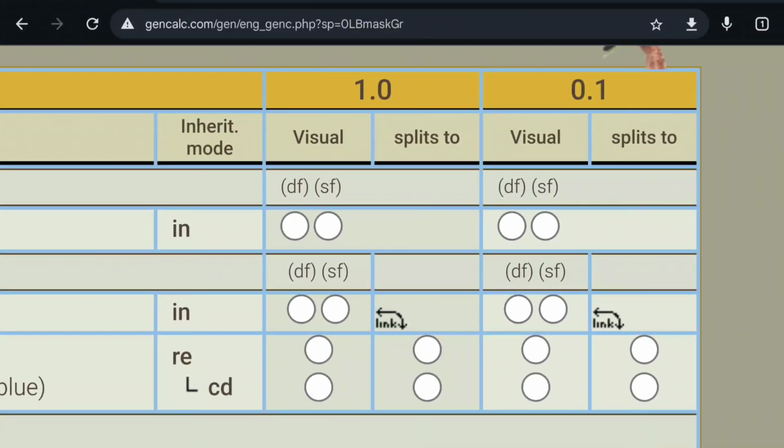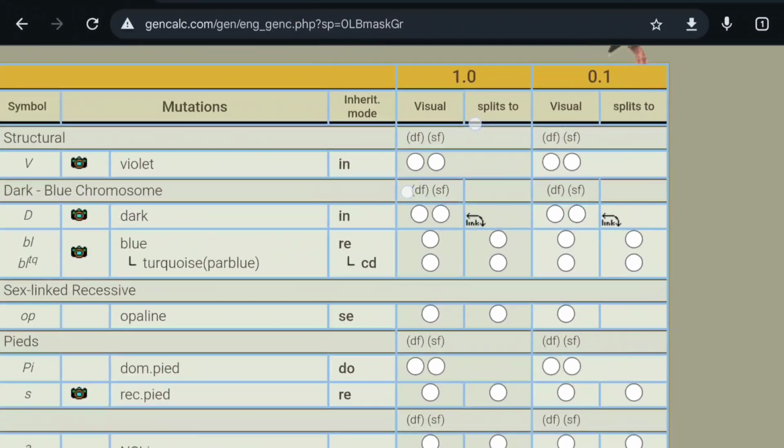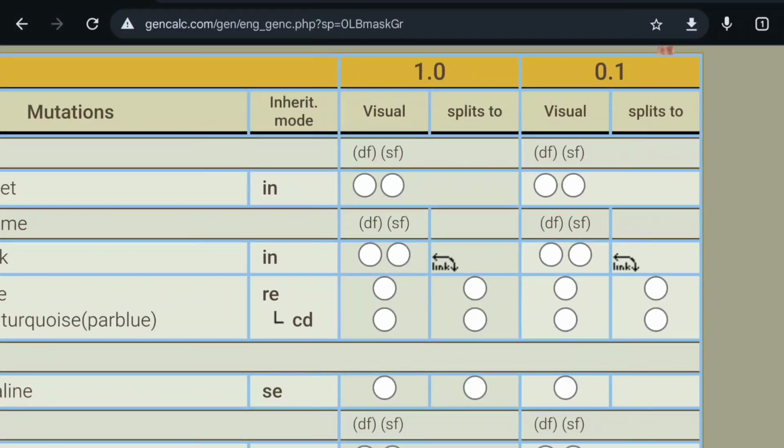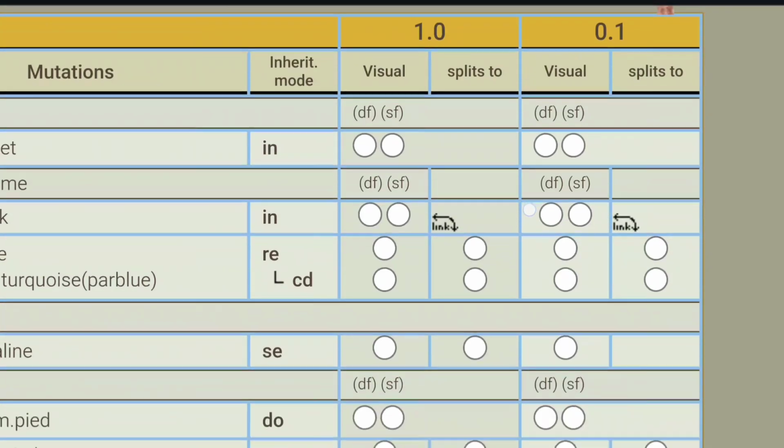Splits too means your bird is carrying genes or alleles for another mutation inside their DNA, which you can't actually see. So visual is what you see from outside, and split is a kind of carrier, meaning your bird is carrying another allele or gene for another mutation.